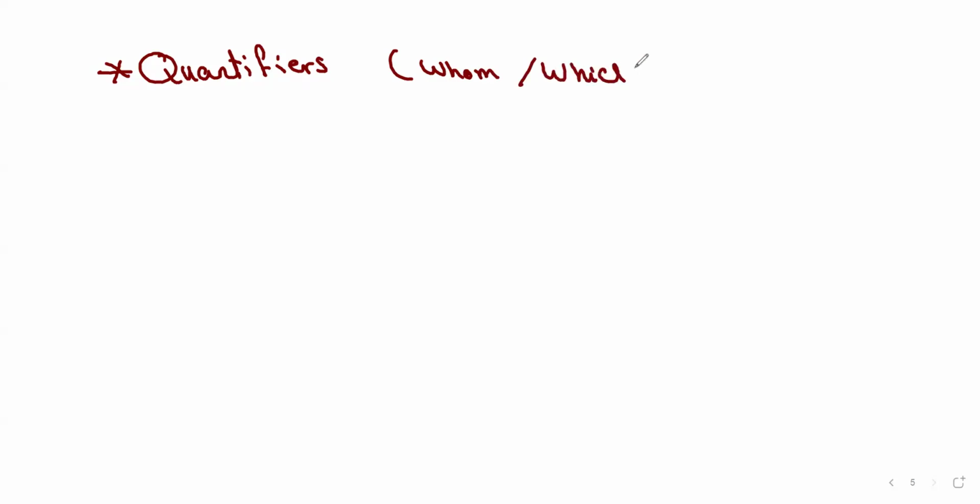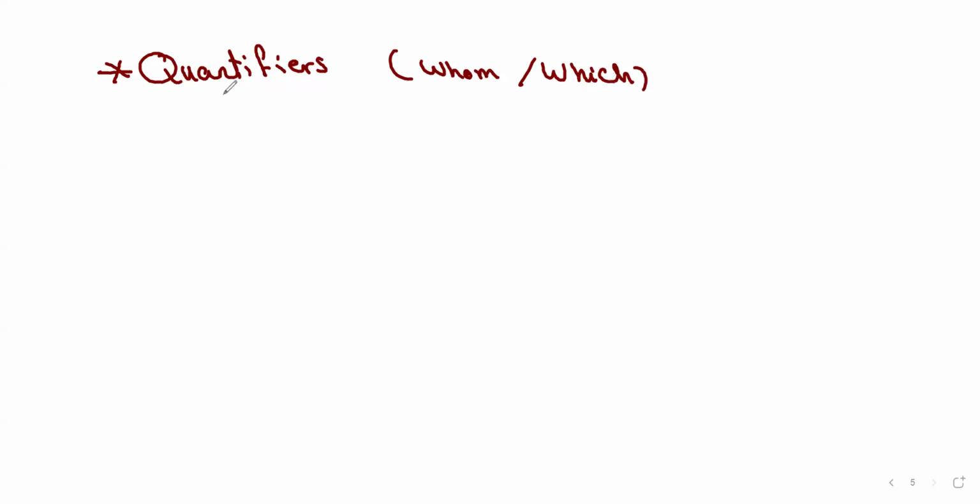Let's see advanced usage. What about the quantifiers? Quantifiers with whom and which. I think this is the first time that you hear that. You can combine whom for people and which for things with quantifiers.